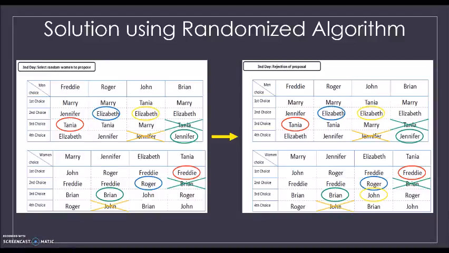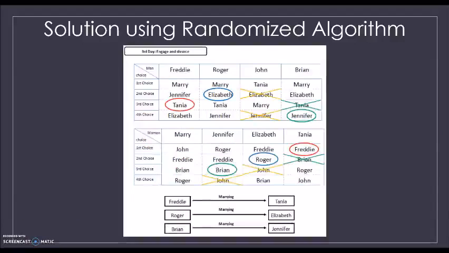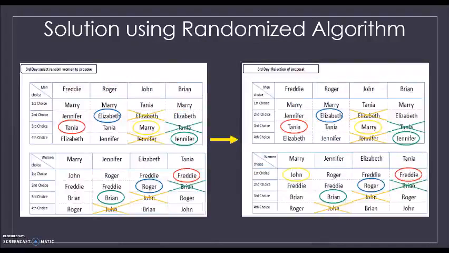So the ones who have partners now are still the same. John still has no partner and Mary still has no one choosing her. So we have to do the third iteration.